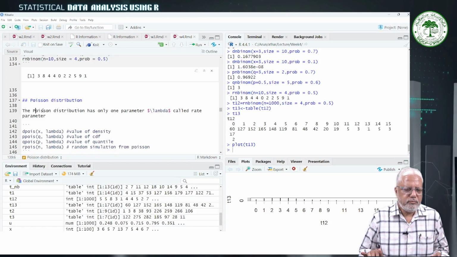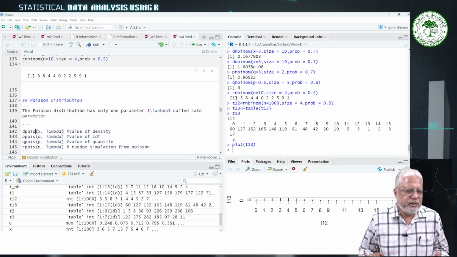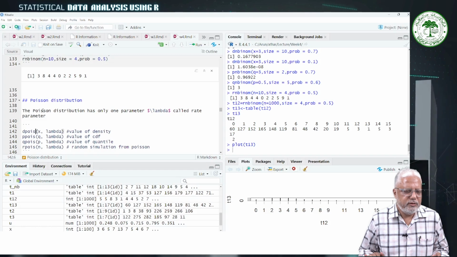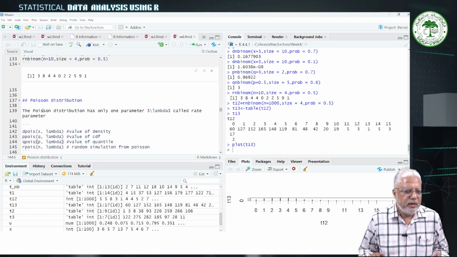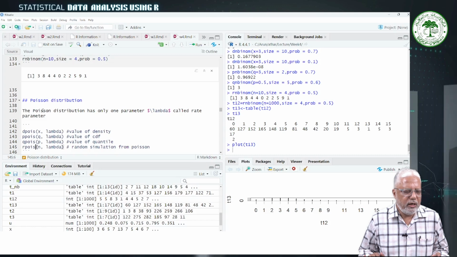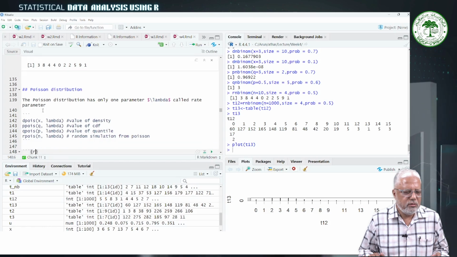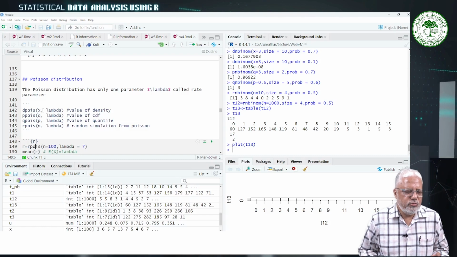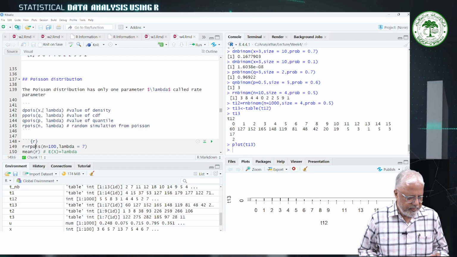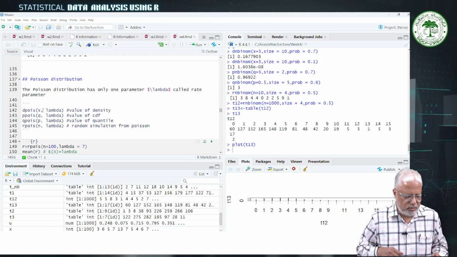To compute the value of the density, the function is dpois(x, lambda), ppois gives the value of the CDF, qpois gives the quantile, and rpois(n, lambda) gives random simulations from the Poisson distribution. So here rpois with n equal to 100 and lambda equal to 7. Then see what we get.